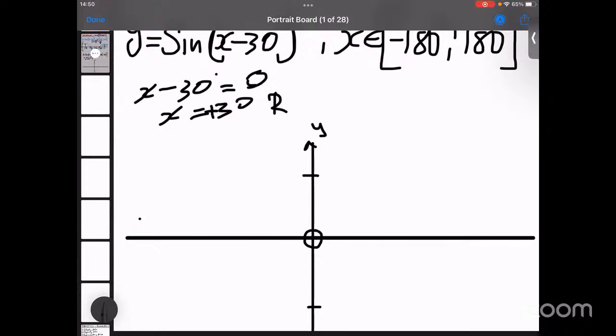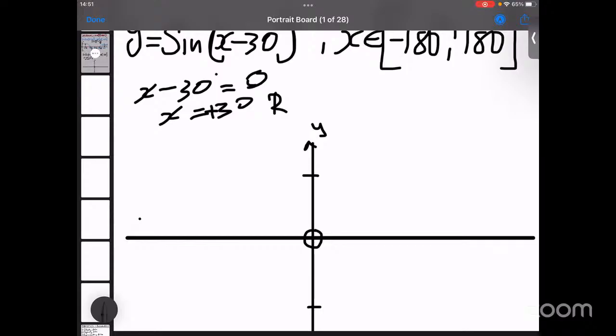So this is what you need to do. What is your critical point? Originally, it would be the period divided by 4, which gives you 90. So it spaces by 90.